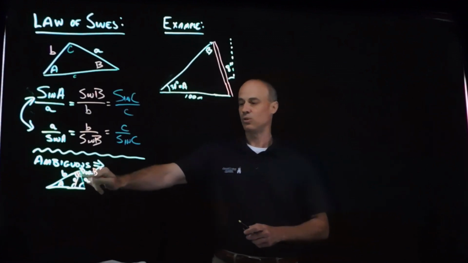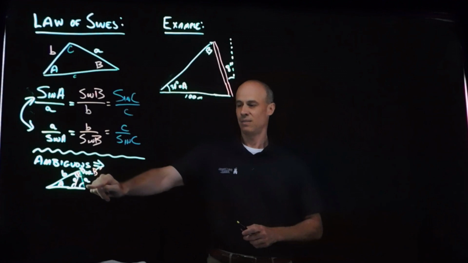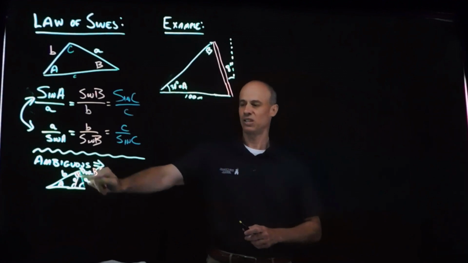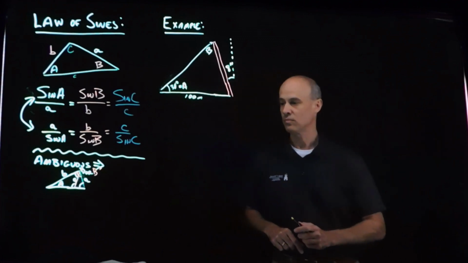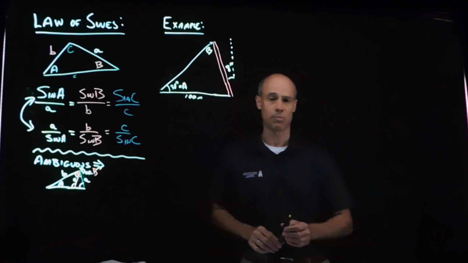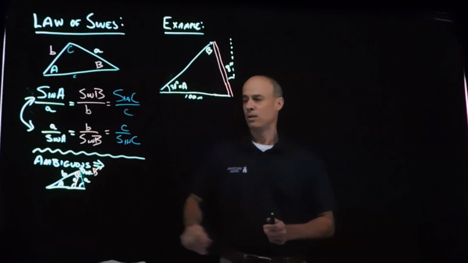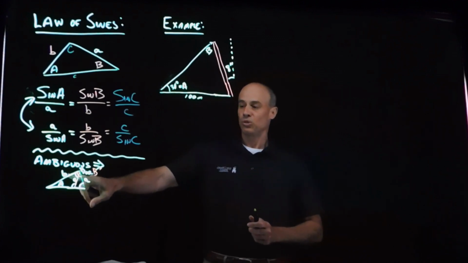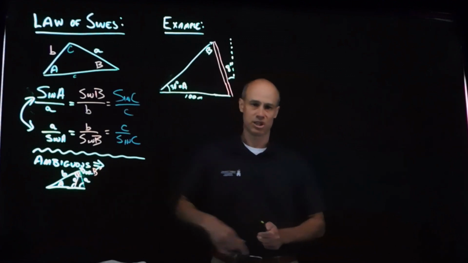So you'll see those two possible unknown side lengths there are going to have a different angle there. So you're going to end up with a different triangle, two possible solutions with the information that you're given.